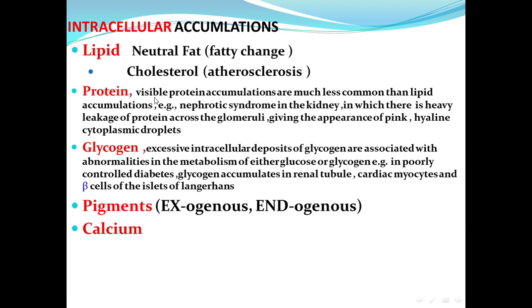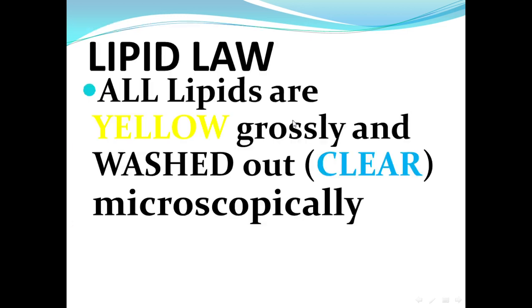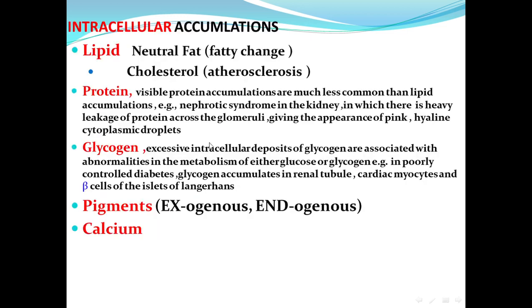Visible protein accumulations are much less common than lipid accumulations. Example, nephrotic syndrome in the kidney, in which there is heavy leakage of protein across the glomeruli, giving the appearance of pink, hyaline cytoplasmic droplets. Another example of intracellular accumulation is glycogen.